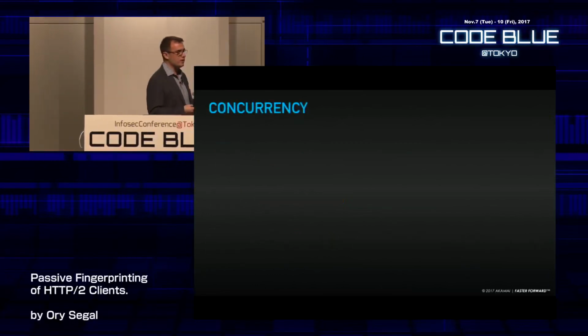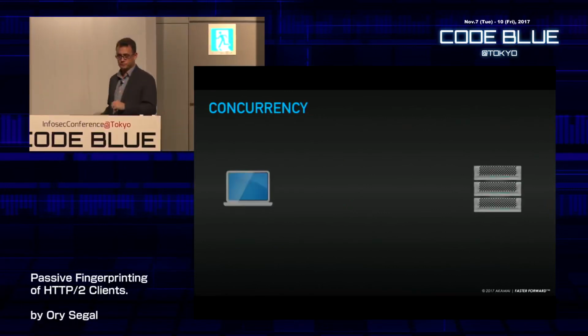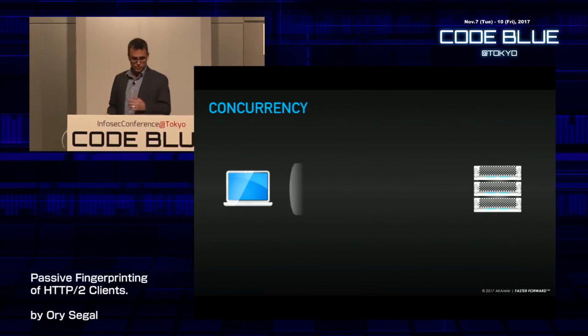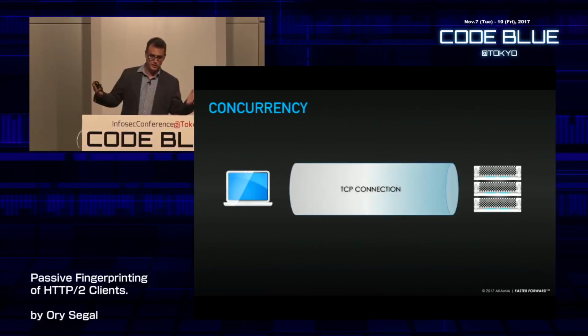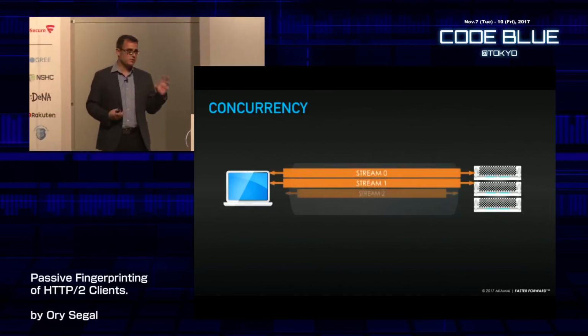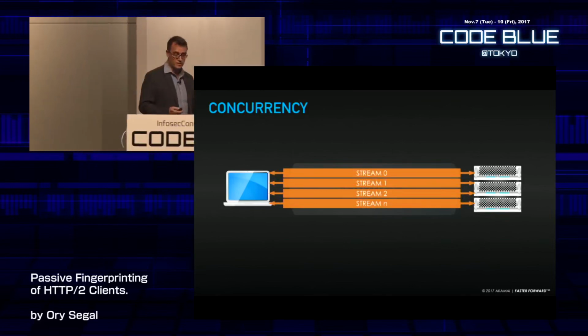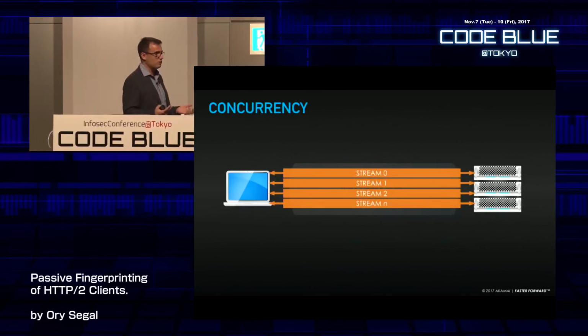So how do we handle concurrency when we have only one single TCP connection? So we have the client, obviously, and we have the server. They form a TCP connection between the two. And then they define what are called streams. So streams are virtual streams on top of the data, basically. You can open as many streams as you want.